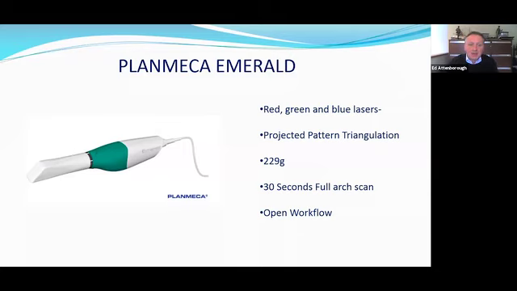Again, same principle with the clever stuff in the handle and the periscope and the removable tip. The Planmeca has an integrated ecosystem called Romexis, which is almost like an operating system, same as 3Shape and the Prime Scan have.